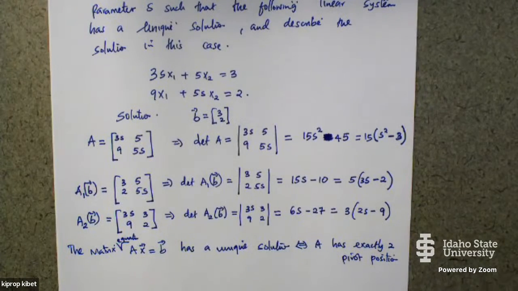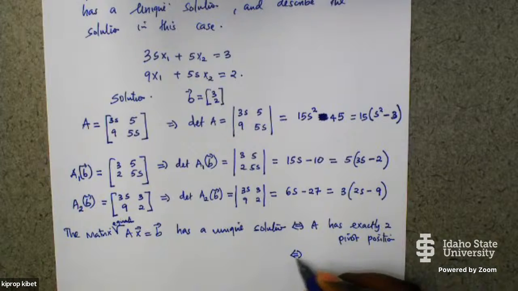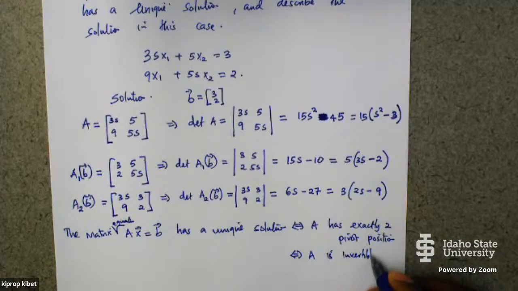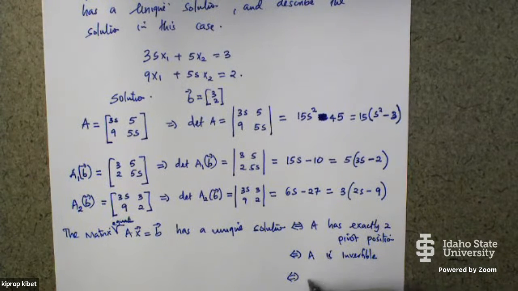If you reduce it, A for this case should have exactly 2 pivot positions. Also, for this to have a unique solution, that means A is invertible. So for A to be invertible, the determinant of A is not equal to 0.